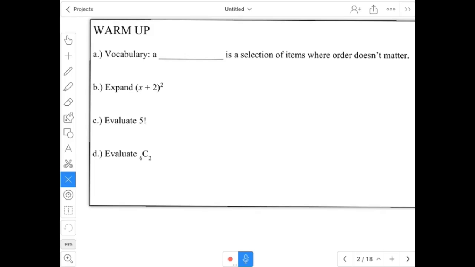A blank is a selection of items where order doesn't matter. So this would be going back and referring to that combinations and permutations lesson that we did. Now, the one that didn't matter, that would be referring to a combination.